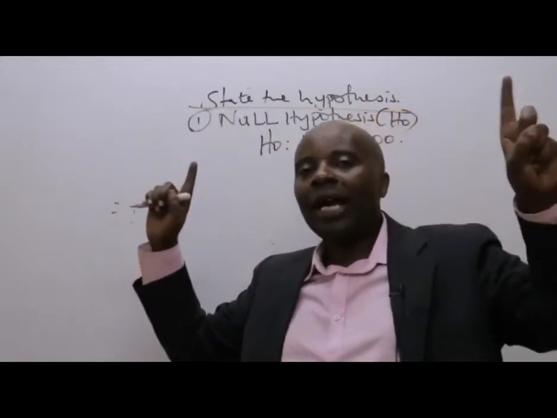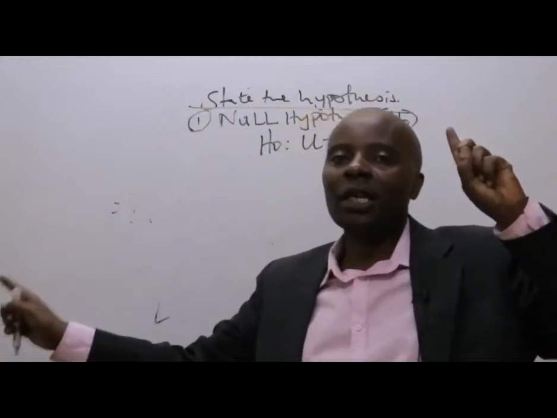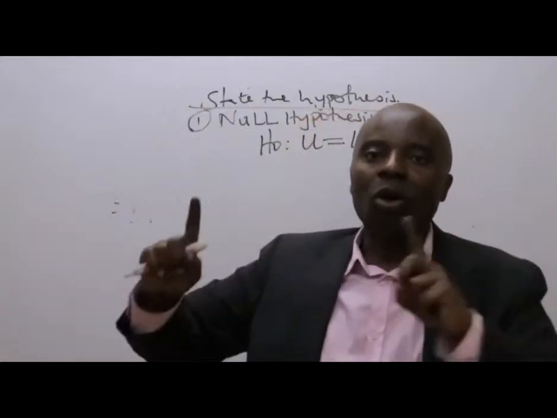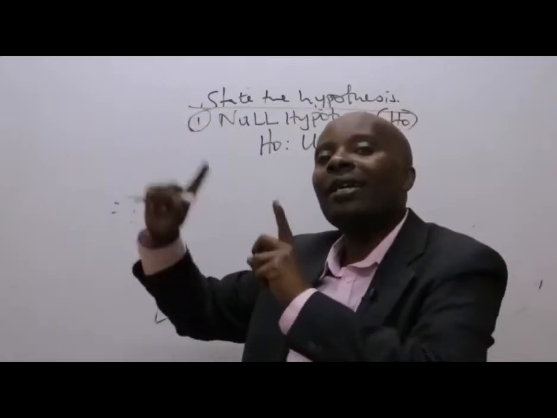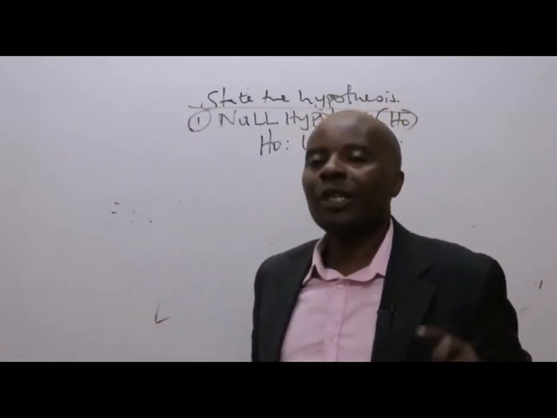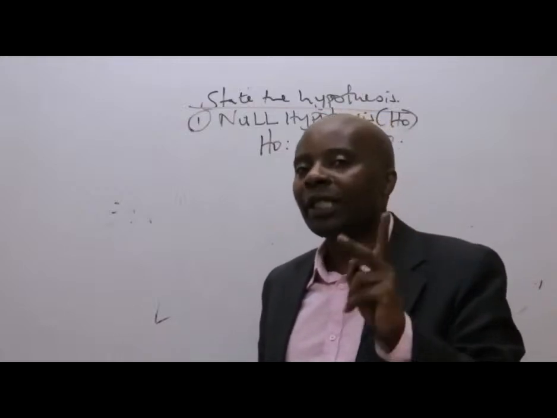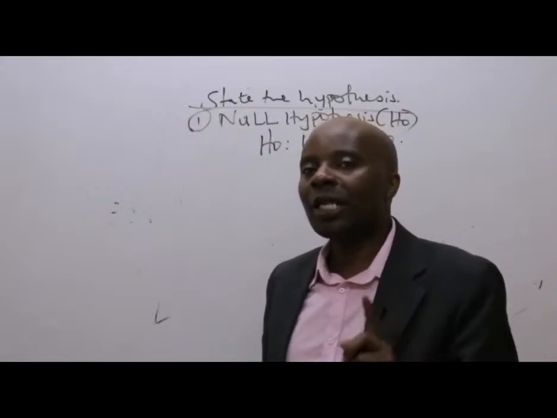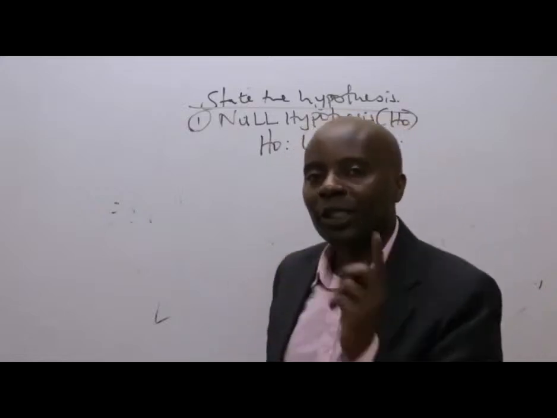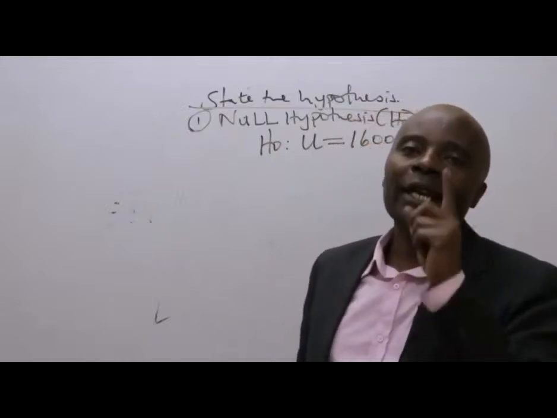But you and I know that there is a possibility of this bulb either taking a lower duration or a higher duration. So it means that here we shall be carrying out a 2 tails hypothesis test, because our null hypothesis does not specify a direction.